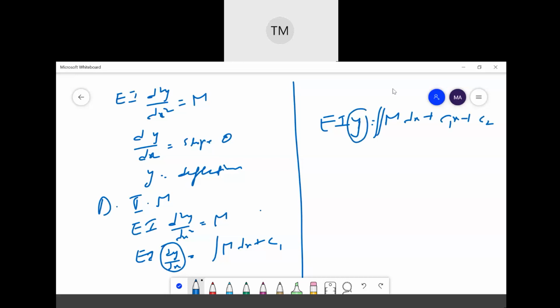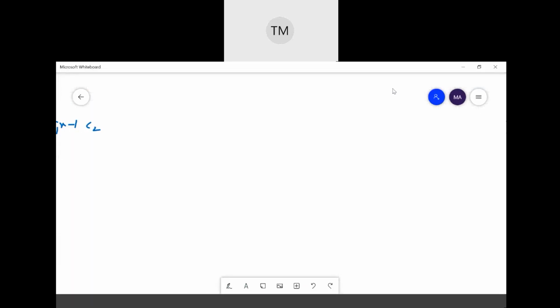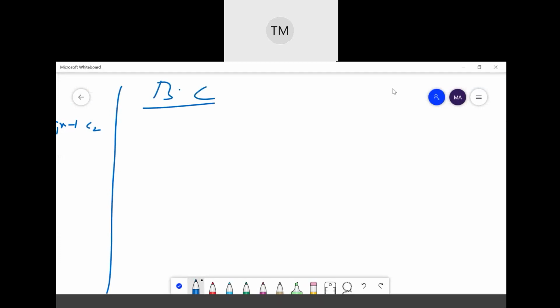After that you have some boundary conditions. These are very important. They depend upon the support conditions, at which support you have to consider which boundary conditions. It is a very important thing you have to remember whenever you are solving any derivation.